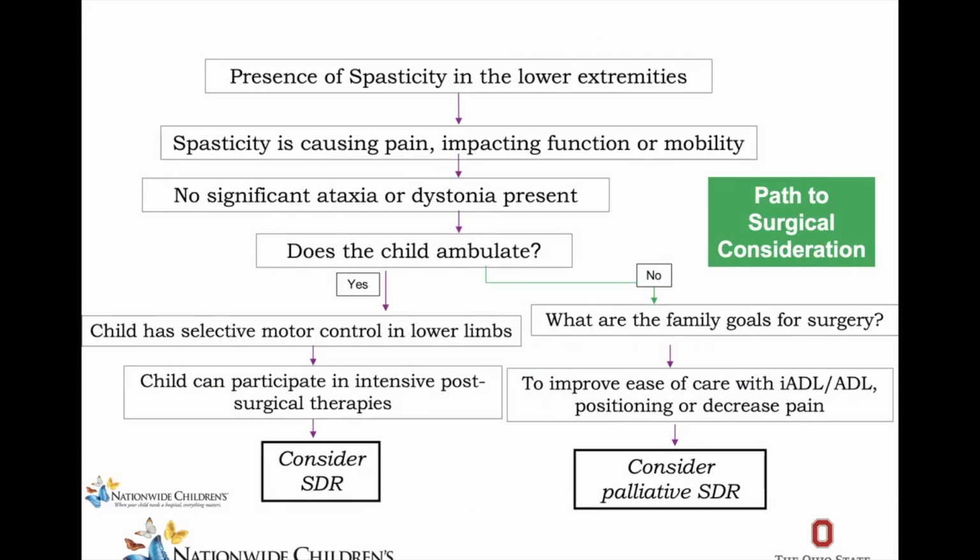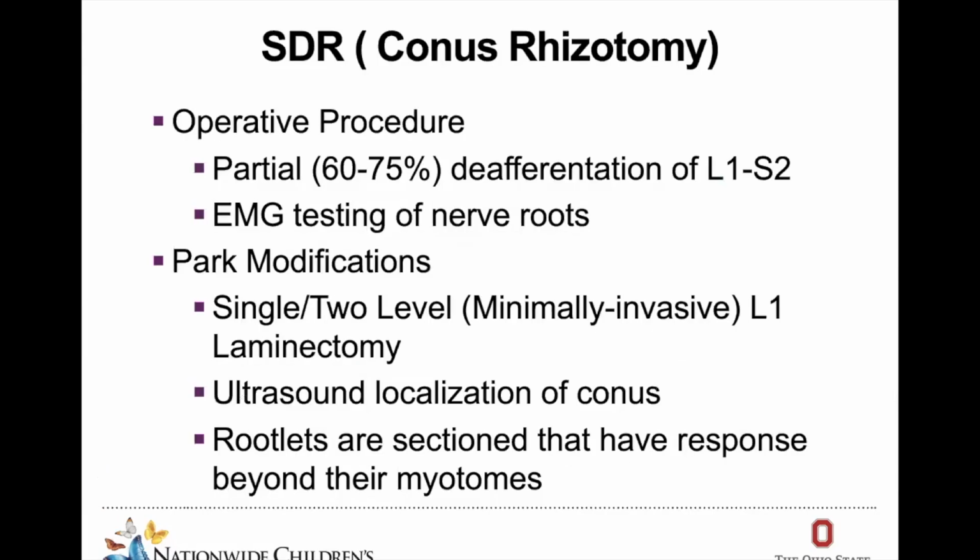If they do ambulate, do they have selective motor control? Is tone primarily being used to participate in ambulatory activities, or are they able to participate in intensive post-surgical therapies? Because there is a functional decrease for upwards of 3 to 6 months after the procedure that families need to be made aware of in determining functional outcome following SDR.